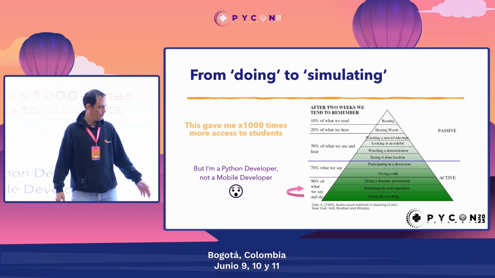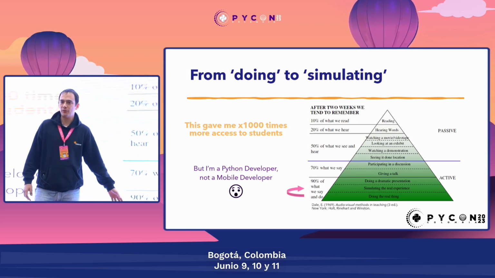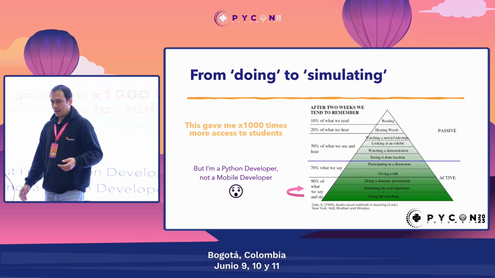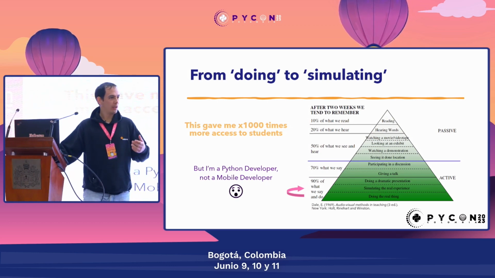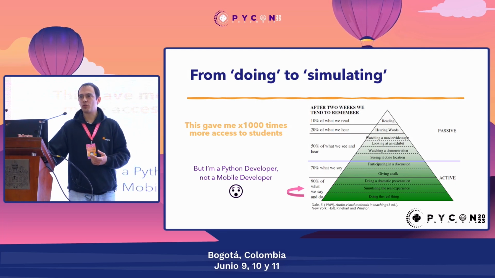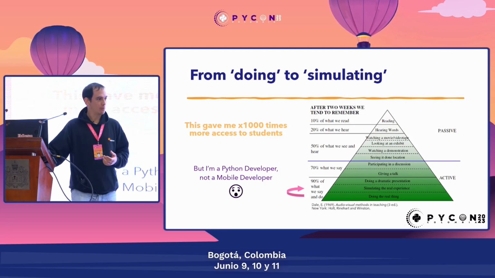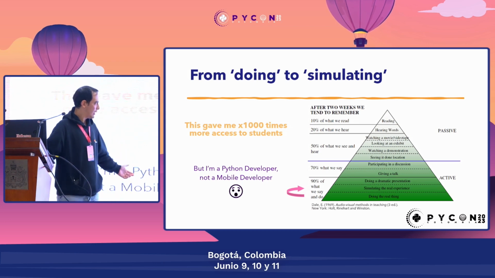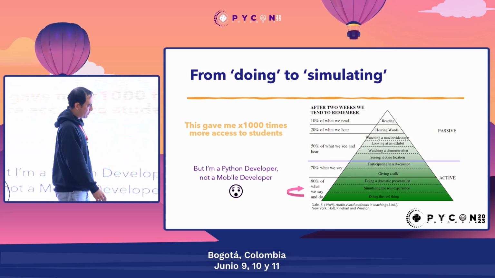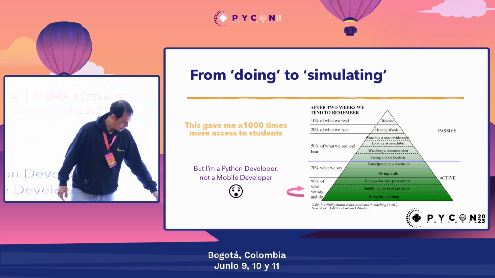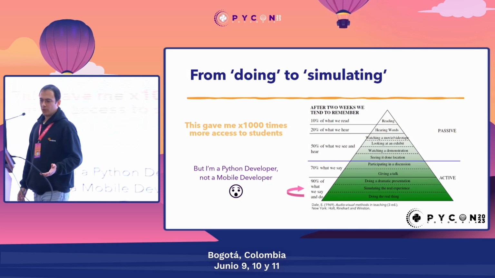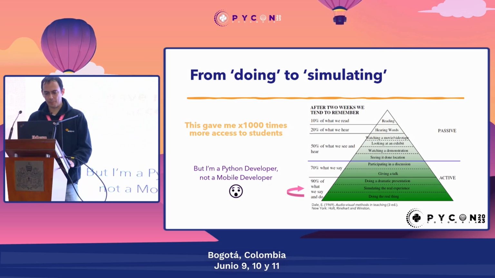But if we do some active things, like working with something, doing some lab or some activities, we can learn almost 90% of the subject. So, okay, a mobile app, simulating. It's not really far from the original objective.